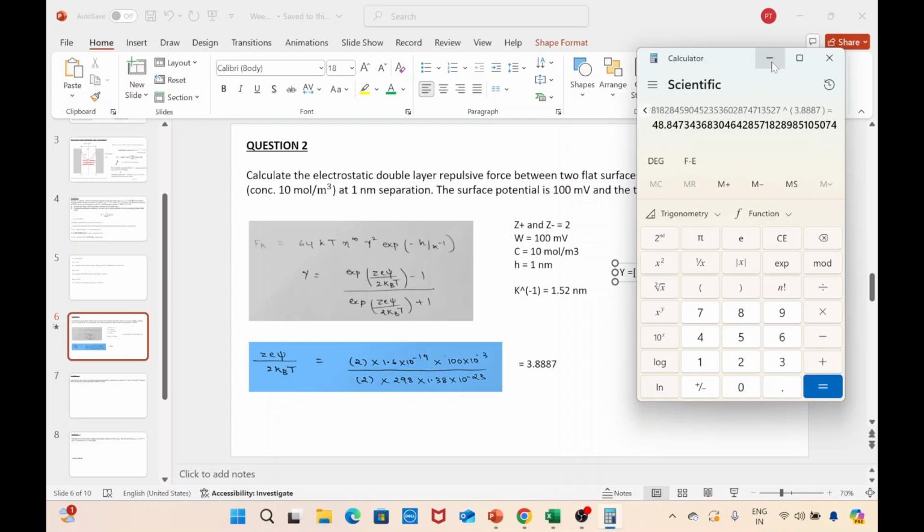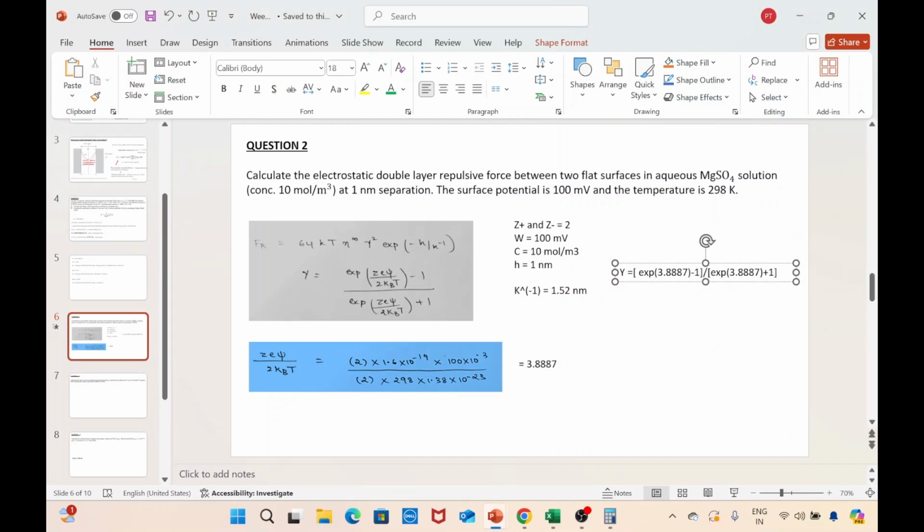The value of e power 3.8887 is 48.84. So 48.84 minus 1, and the same value 48.84 for the bottom, plus 1.